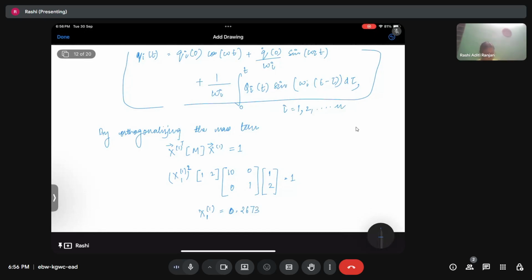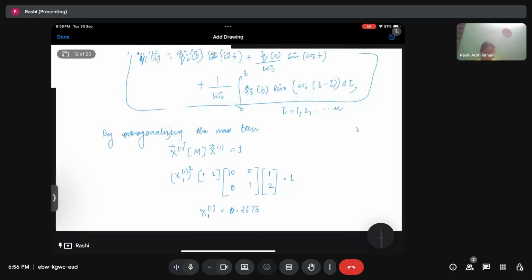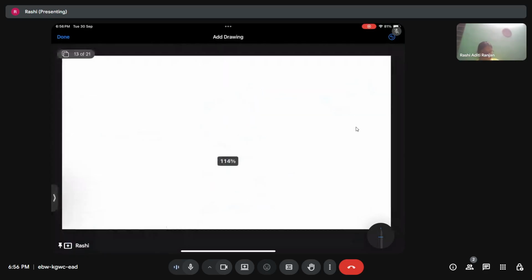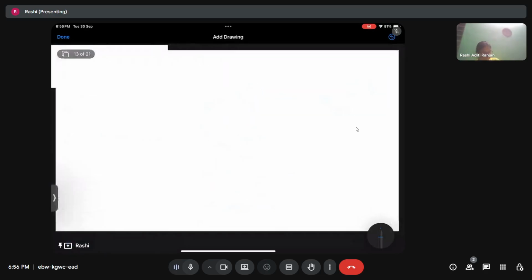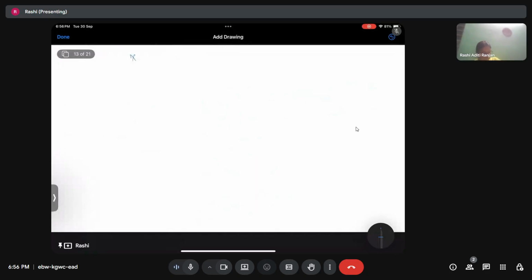Similarly, we can find the value of x2 of 1 by orthogonalizing x2 transpose m x2 equals 1.